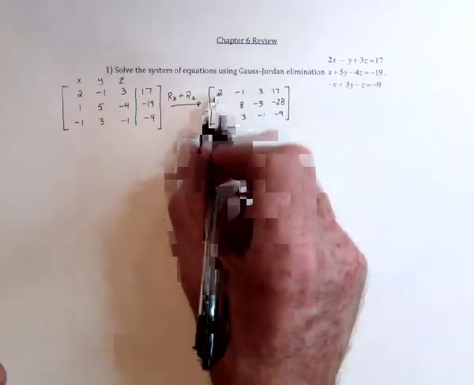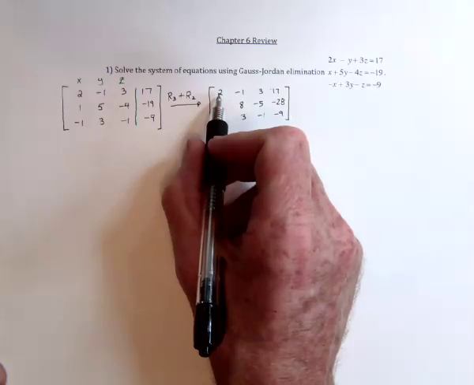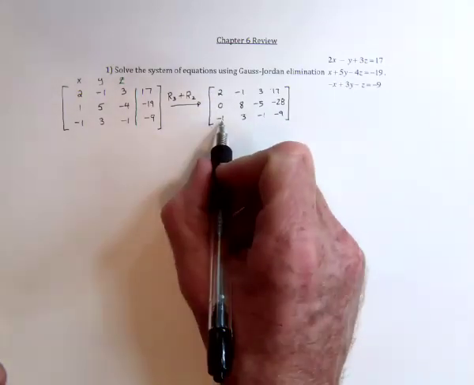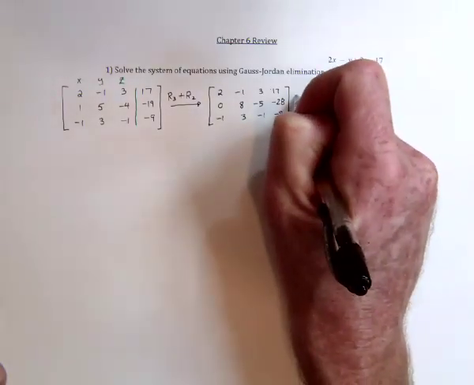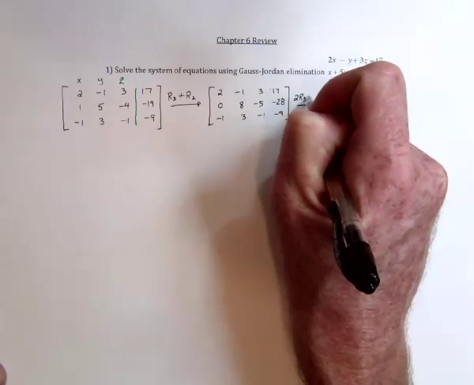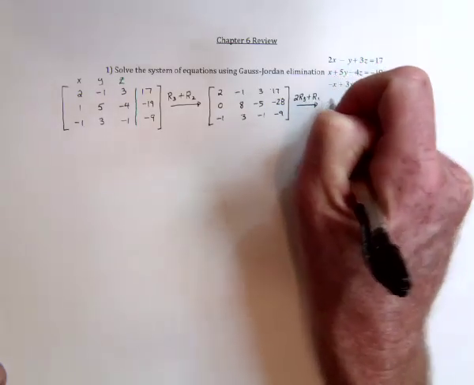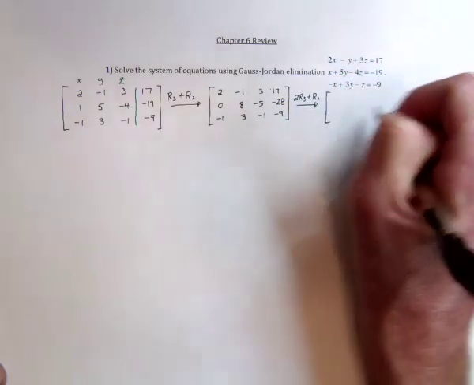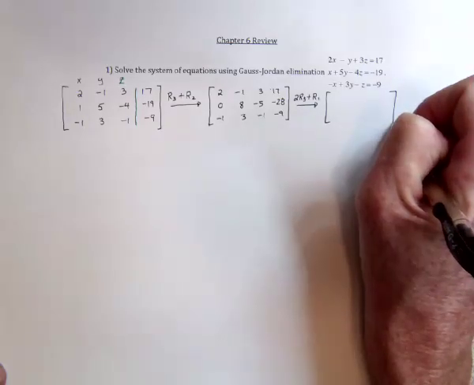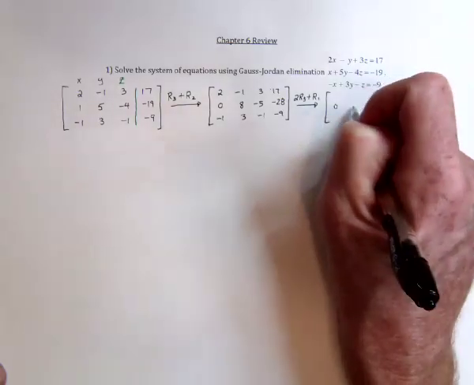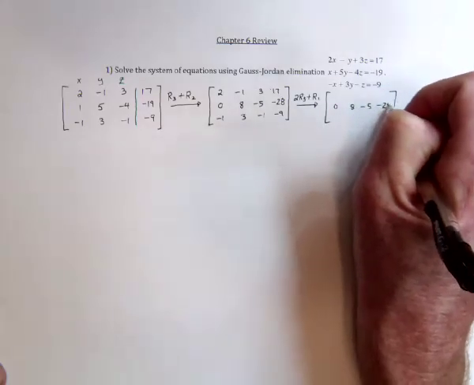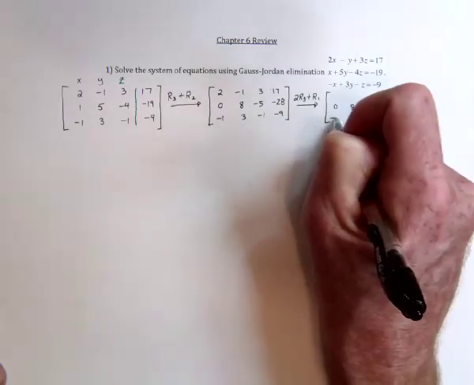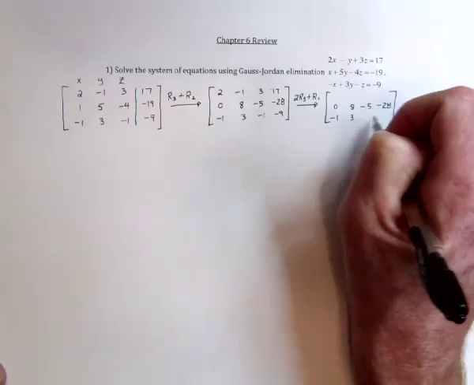Likewise, I can use the -1 to eliminate the 2 if I were to first multiply this by 2. So the next step is going to be take a 2 times row number 3 and add that onto row number 1. So the second row is going to stay the same. The third row stays the same.